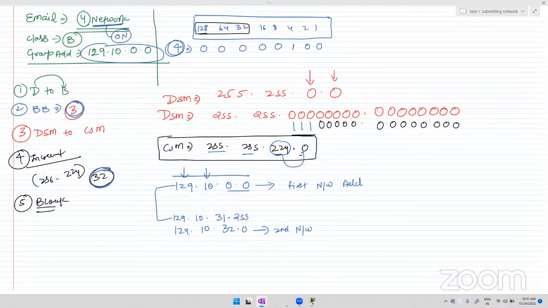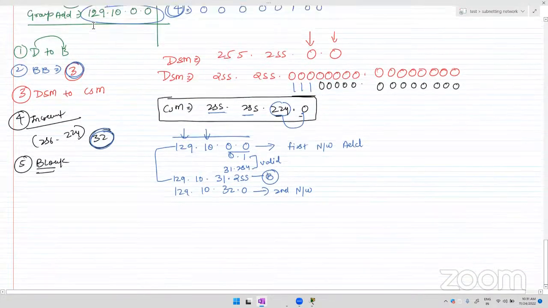Now, this one is my broadcast. Valid IPs run from 0.1 until 31.254.